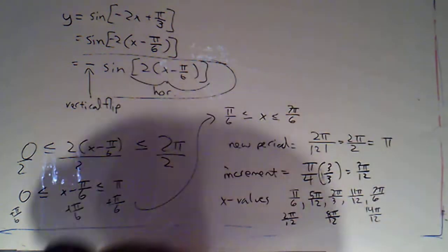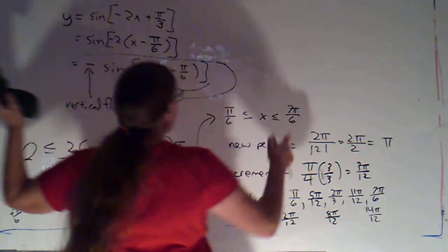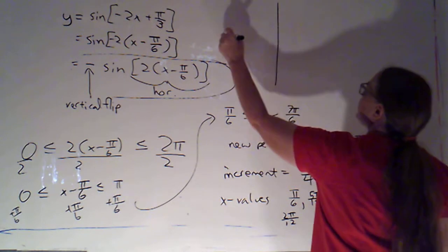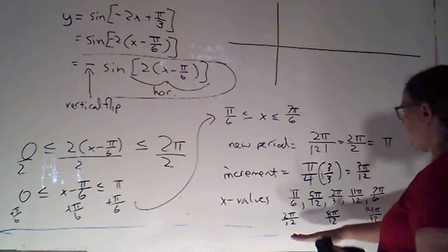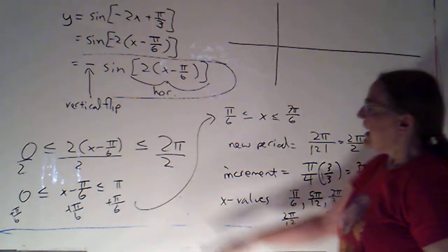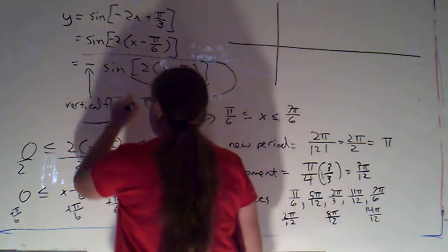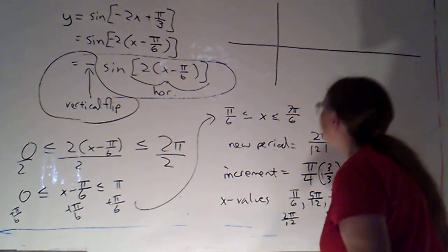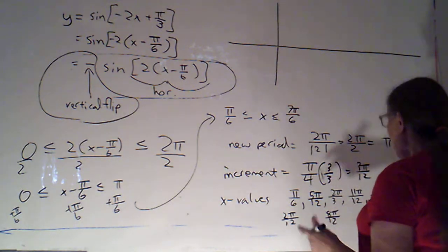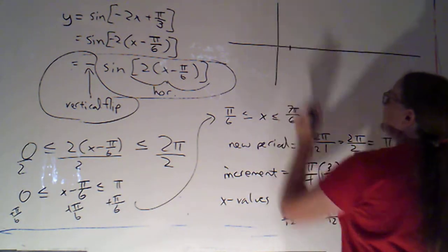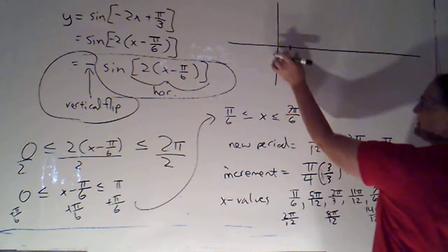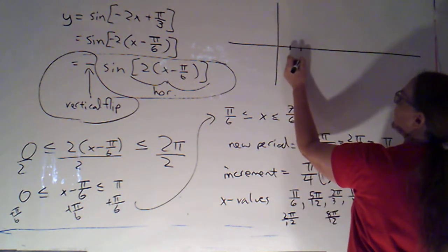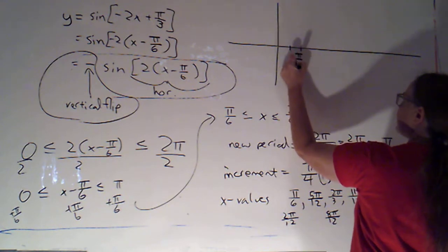Okay, so now I think I can do the graph over here so I don't have to erase anything. I'm going to mark off my x values, and I'm making sure I don't forget I've got to do this vertical flip as well. I'm going to mark off that interval, that length is pi over 12. I'm starting at 2 pi over 12, which was pi over 6.